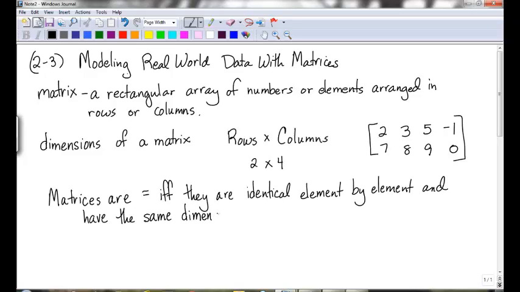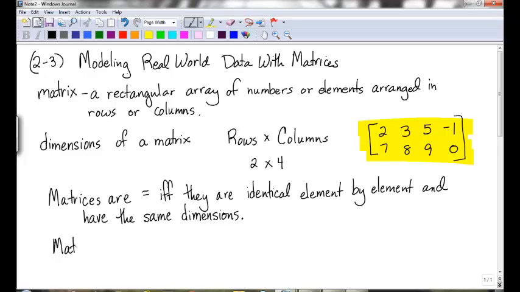So the only matrix that's going to be equal to this matrix is another matrix that looks just like it. It's equal element by element and has the same dimensions. Okay?